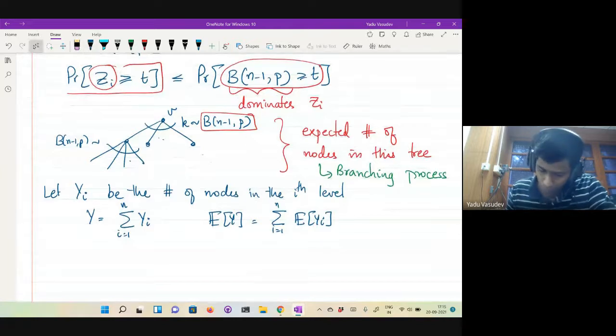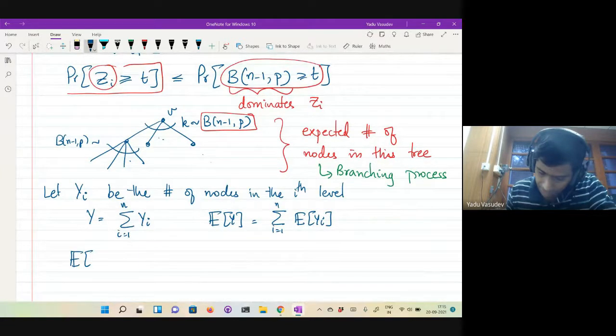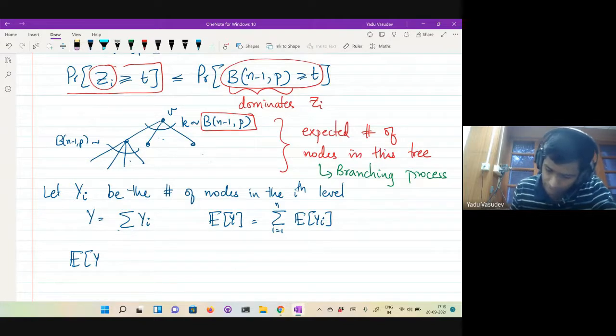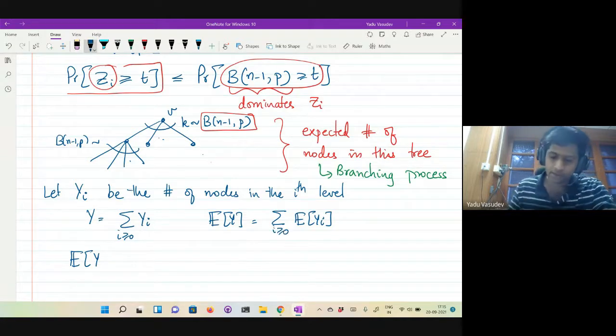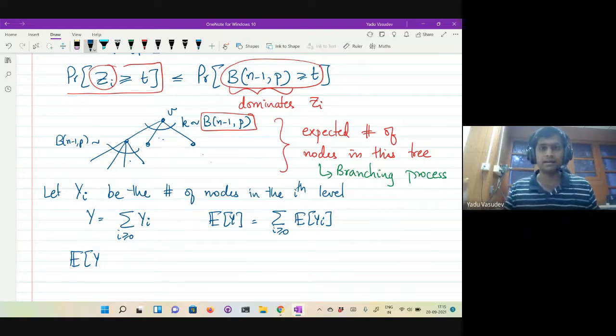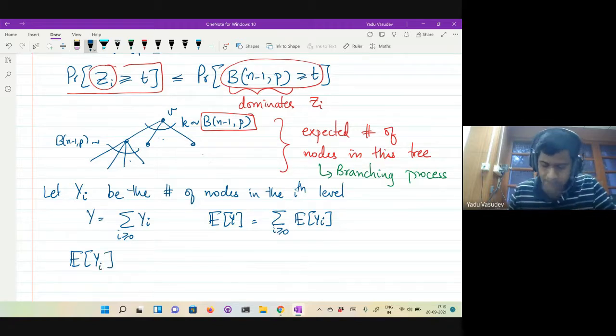And what can you say about expectation of yi? Okay, maybe I should just put i greater than or equal to 0, not i equal to 1 to n. This can grow, right? This can be infinite actually. This process can never stop. The way we have defined this branching process, it is possible that it will just grow. There is probability that it will be an infinitely big tree, right? So how do you compute expectation of yi?